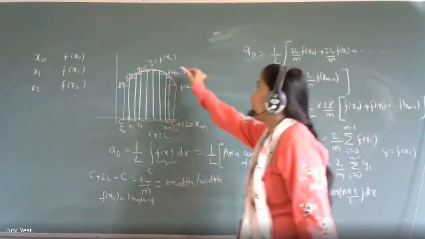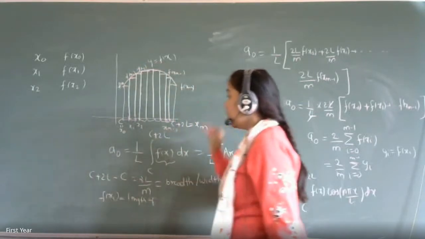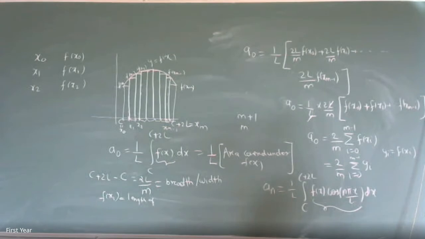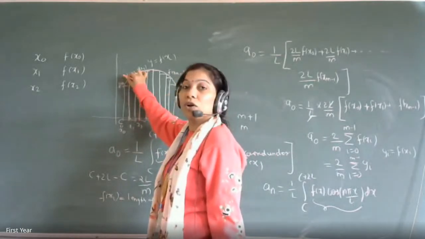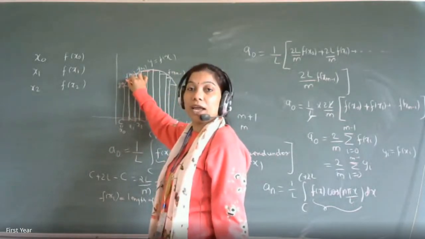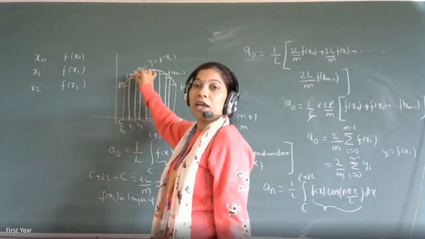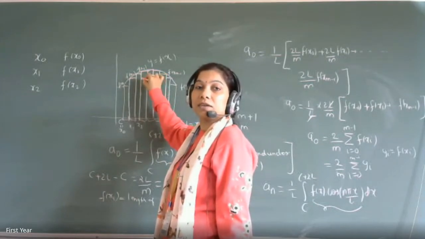Just f of x. So y was f of x: f of x naught, f of x1, f of x2, and so on. Now the function is f of x into cos. So what will the images be? The image of x naught will be f of x naught cos n pi x naught by n, correct? That means 1. Then f of x1 cos of pi x1 by n. Is that understood?